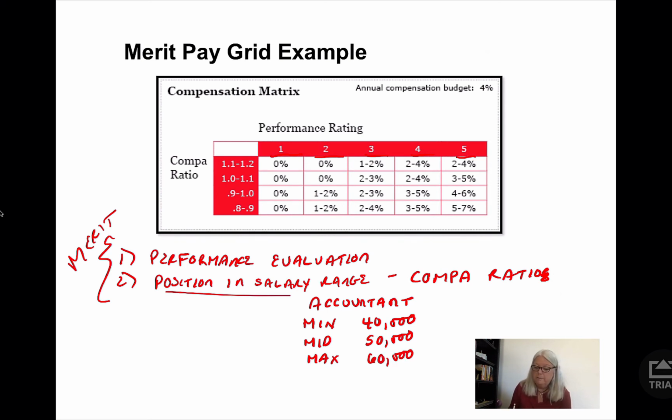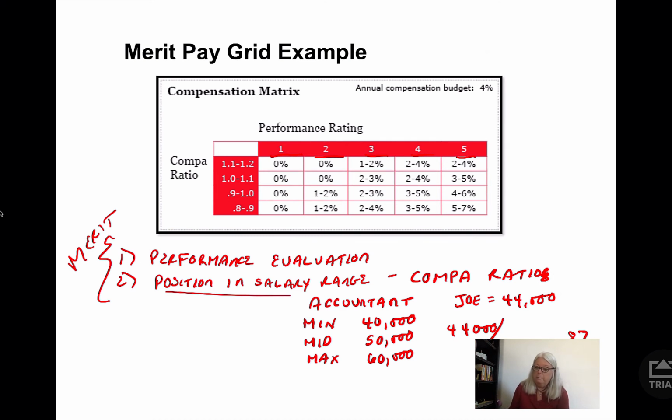Just for simplification. Let's say I have an employee, Joe, who is at $44,000. So I want to calculate Joe's compa ratio. To do that, I would look at how this compares to the midpoint. So 44,000 compared to the midpoint of 50,000 gives me, I believe, about 0.87.